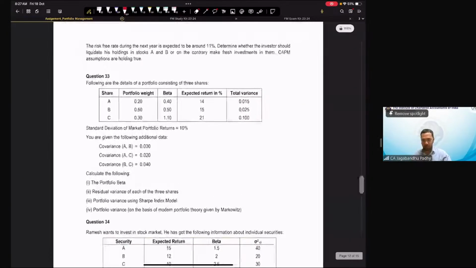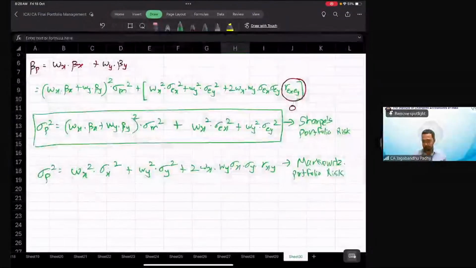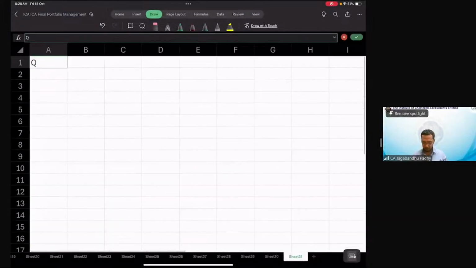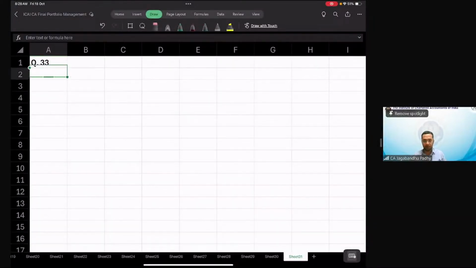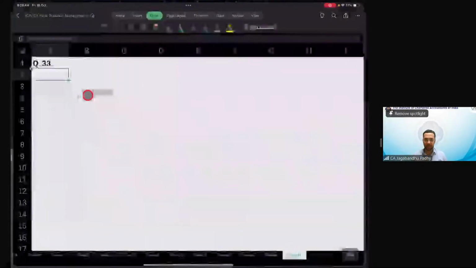Okay, question 33, guys. Let's try to solve this question 33. So we have three shares given to us, A, B, C. Portfolio weights are given.